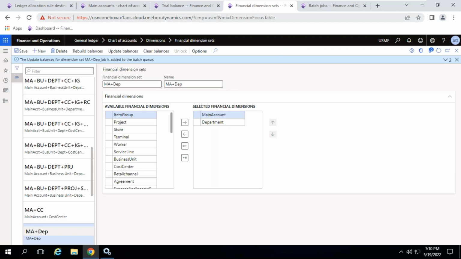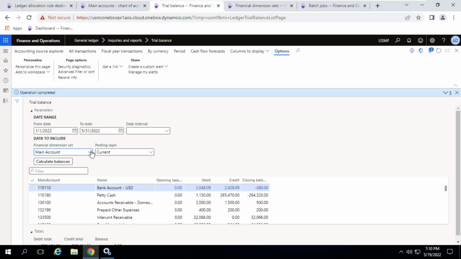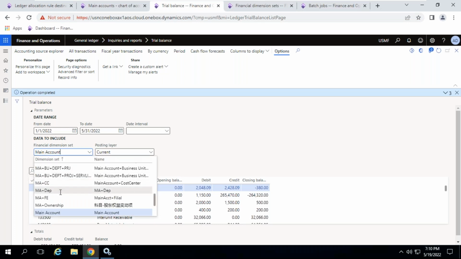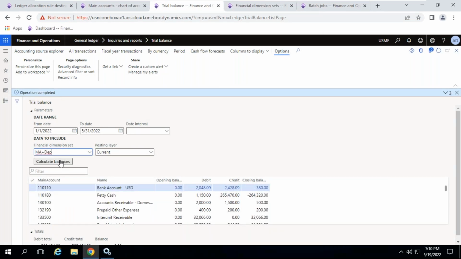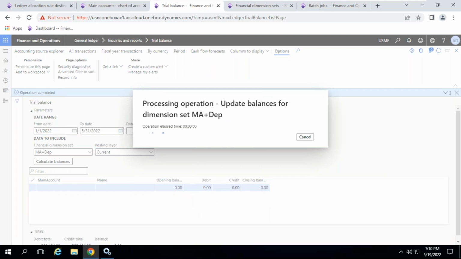As I told you, the accounting structure is your brain, how your brain is working. In the same manner in the system, it is the brain. Financial accounting structure is equal to brain. Okay, fine. Now if you go to the trial balance, select main account plus department, calculate balances.